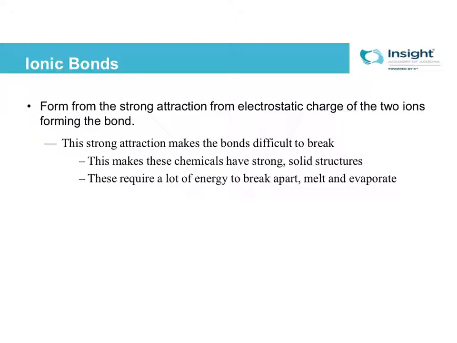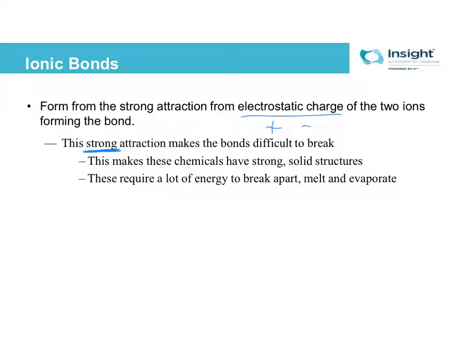That creates this electrostatic charge, so the plus and the minus attract to each other. And I want you to know that this is a strong attraction. Very, very strong attraction. This isn't something that is easily broken.